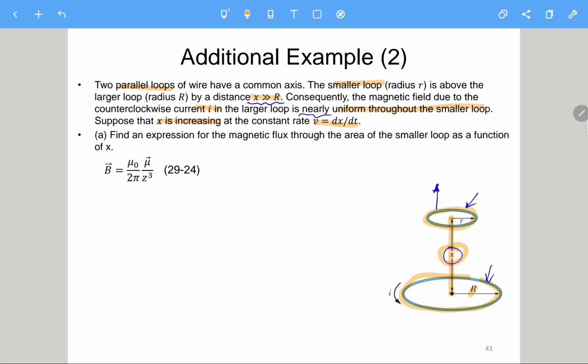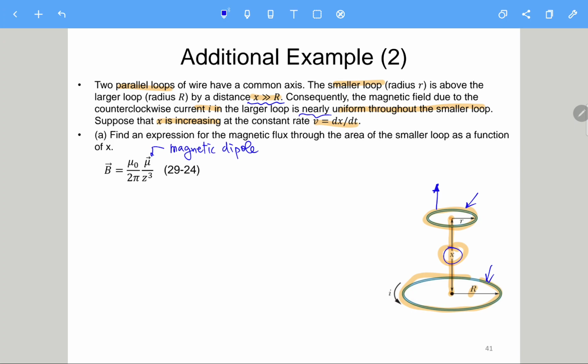So in chapter 29, we have this formula, 29-24. When we have a magnetic dipole, then the B field on the z-axis will be this expression.